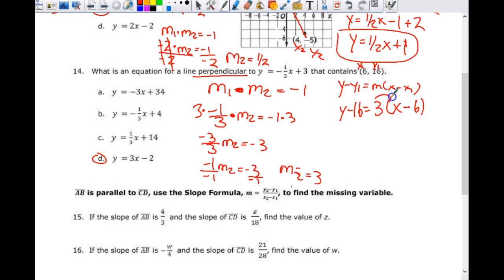Distribute here, distribute here. Y minus 16 is equal to 3x minus 18. We want to add 16 to both of these. And we get y is equal to 3x minus 2. Is that the same answer as... Oh, ooh. That would have been awkward if we got that wrong, right?